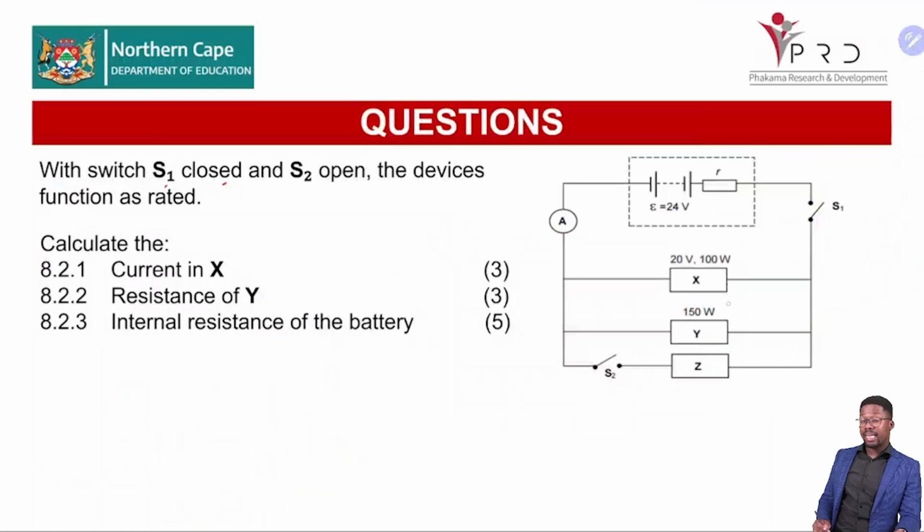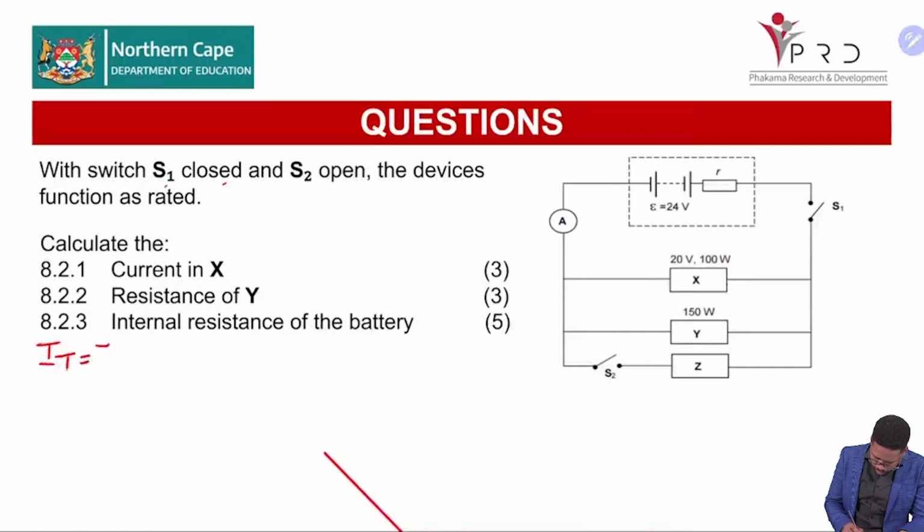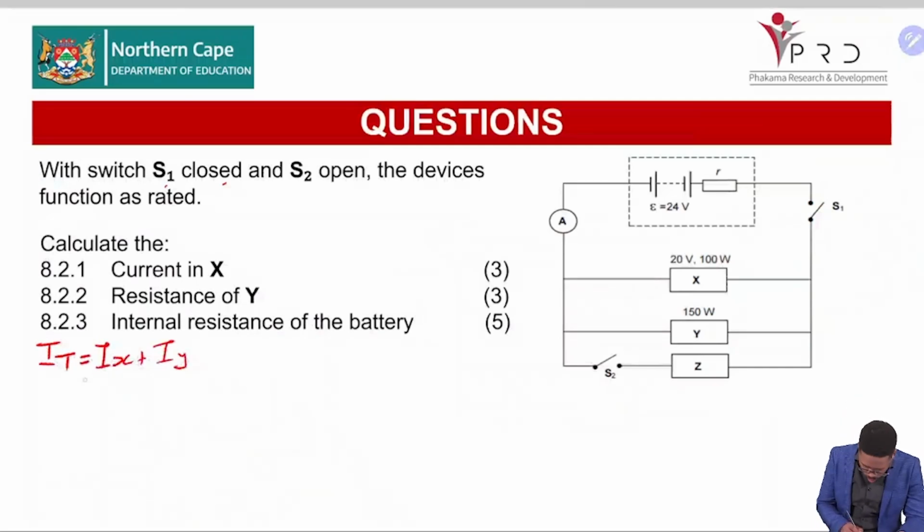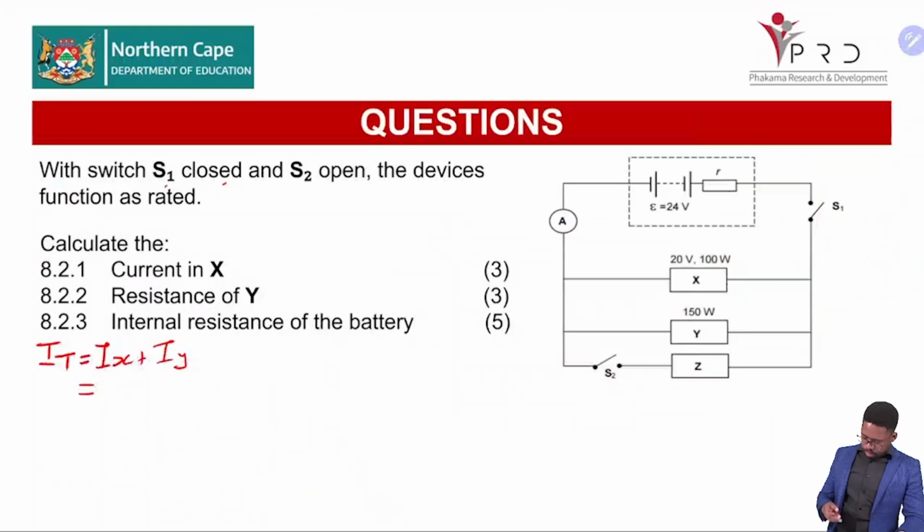They are connected in parallel. What did we say about the current in parallel? We said that the current in parallel is divided. Therefore, for me to get I total, I must add the current at X and the current at Y. What is your current at X? Go back to the previous slide.